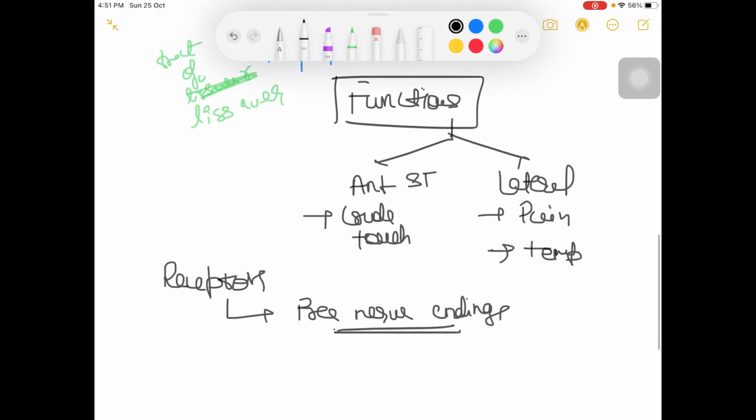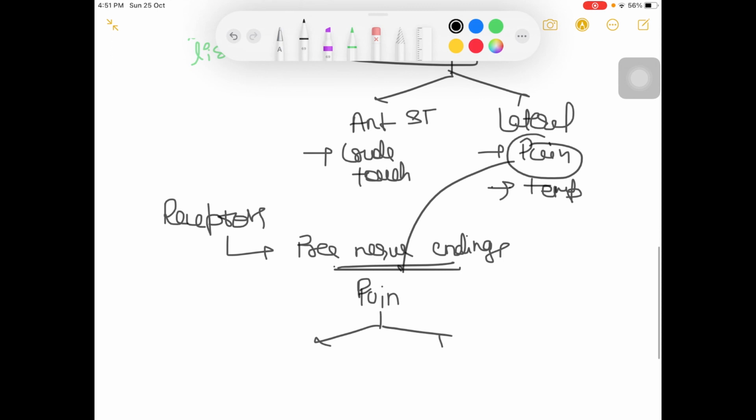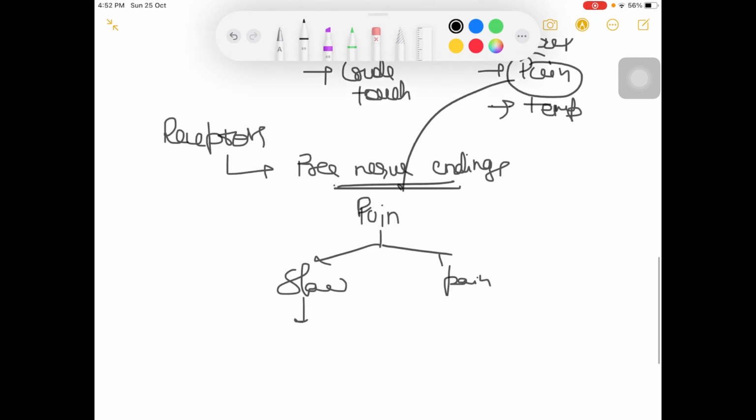Yes, and for pain, I would like to tell you that it is carried by lateral. It is of two types: slow pain and fast pain. And the fibers are different for both. For slow it will be carried by C fibers, and for fast it will be carried by A delta fibers. This is one difference which I would like to tell you.